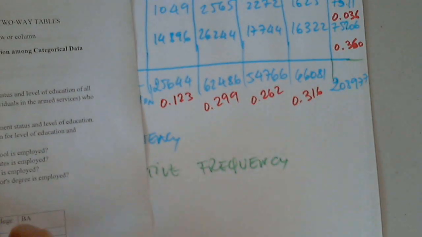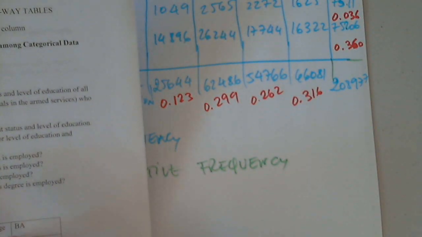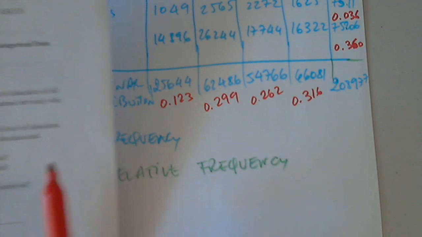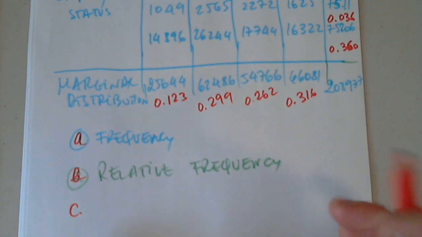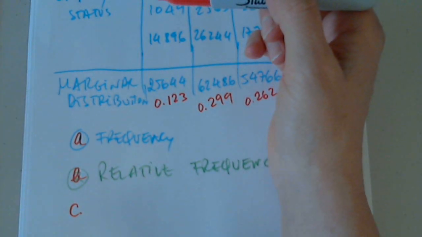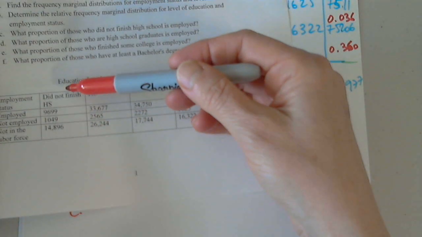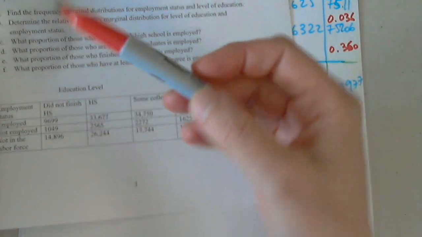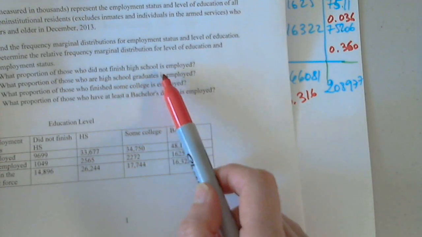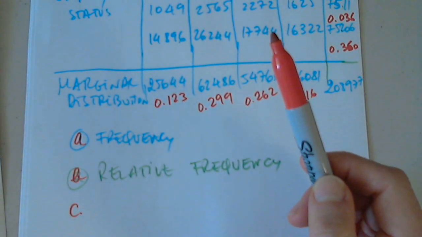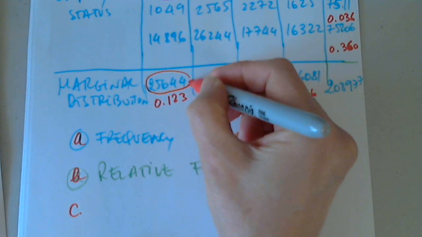What proportion of those who did not finish high school is employed? That's part C. So at this point, we're only looking at the column of those who did not finish high school. So it's this number divided by this number.